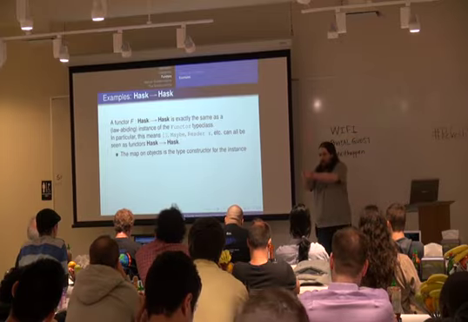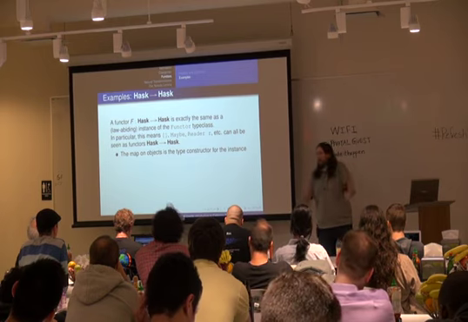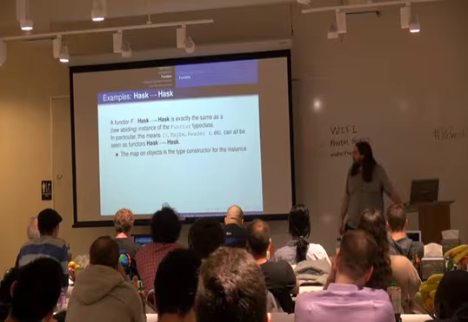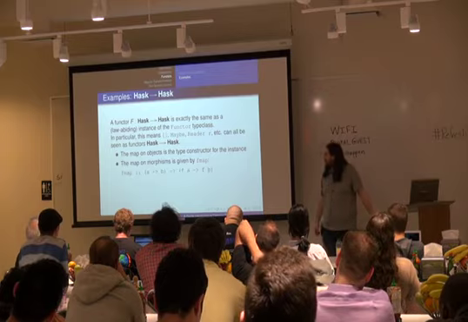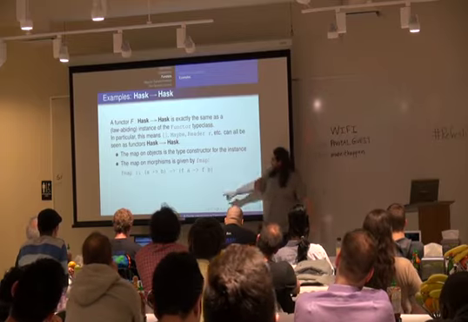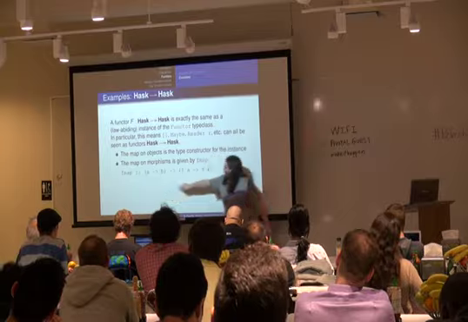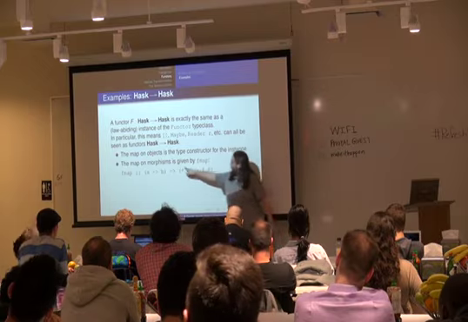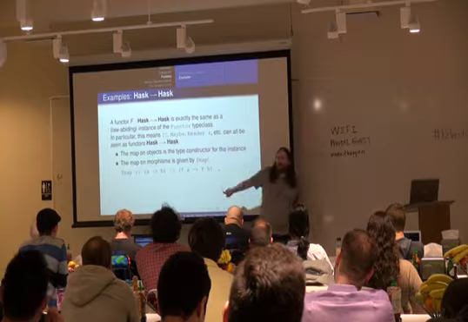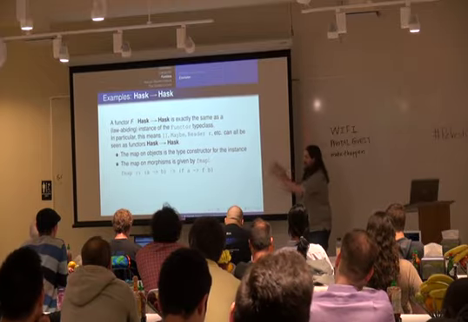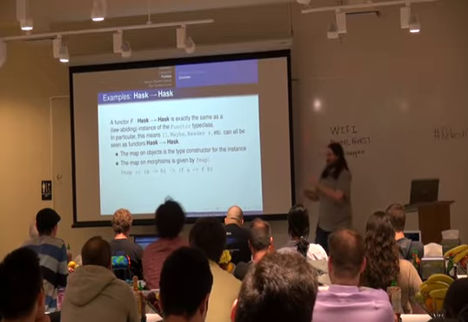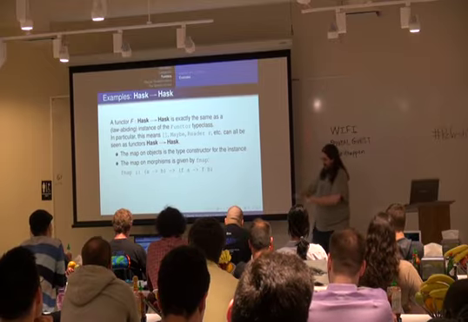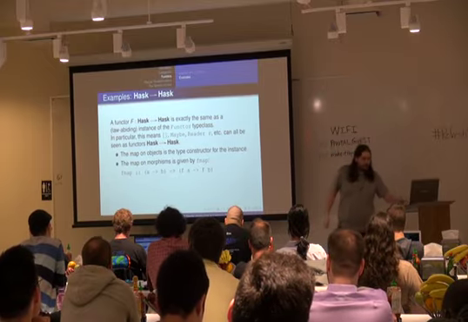So what does it do with objects? Given a type A, you get the type f of A. It's just whatever the type constructor is. And the map on morphisms is given by fmap. So you've got a map from A to B, and you get a map from f of A to f of B. Usually you don't see these extra parentheses here, but I put them in so that you can really see this turns functions into functions, rather than saying, here's a function and a thing, and I put them together and get another thing.